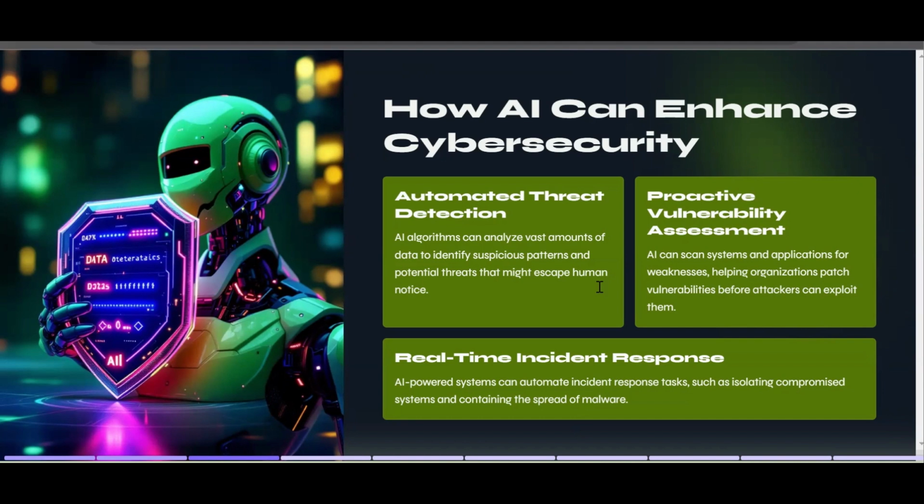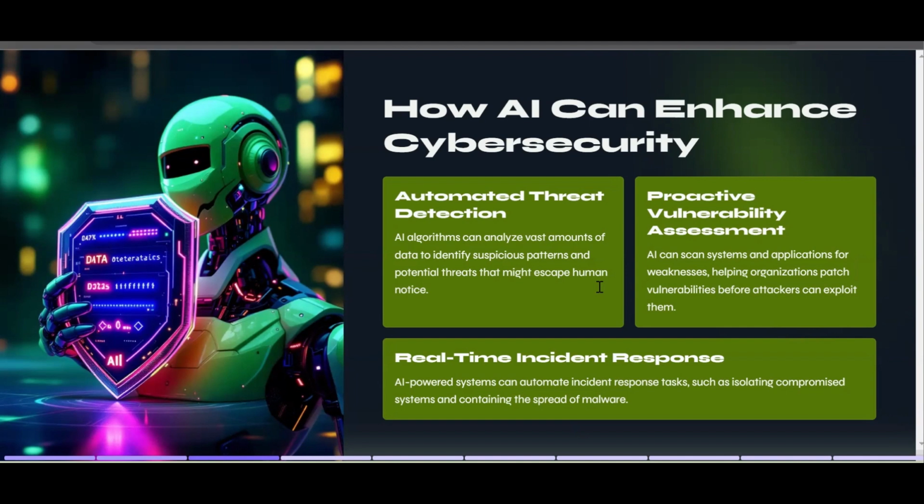What is the second one? It is proactive vulnerability assessment. When we use the word proactive, that means we use AI for vulnerability assessment before it comes down to us, before we get attacked or compromised.